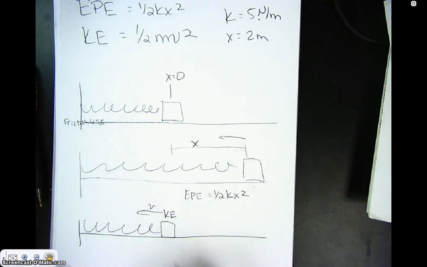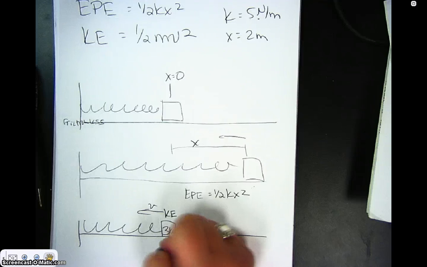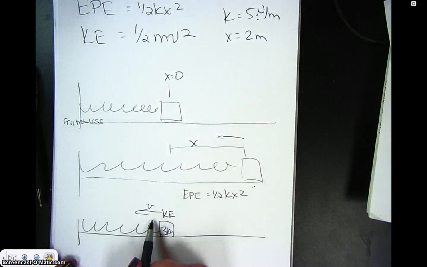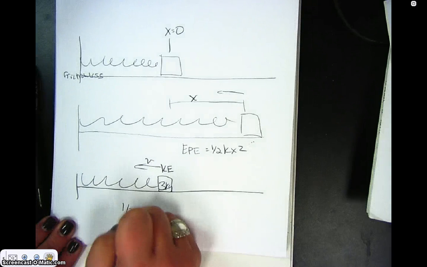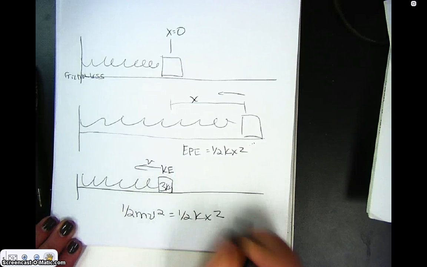Right? So in order to solve this problem, if we want to figure out how fast it would be going right here, we need to know the mass. So let me just make up a mass. Let me say it's 3 kilograms. Right? So I can just set the elastic potential energy here equal to the kinetic energy the object would have here. So 1/2 mv squared is equal to 1/2 kx squared.